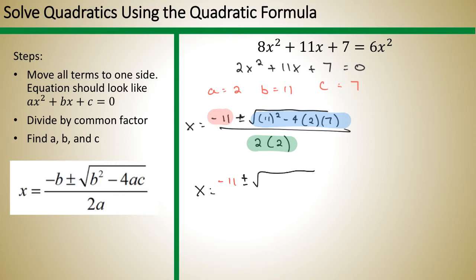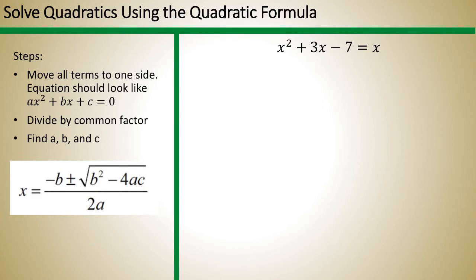So I've got 65 on the inside of the radical, and then we actually have a 4 on the bottom. Then we would try to simplify root 65, but root 65 actually cannot be simplified. So this is actually completely finished. I cannot simplify this any further, so that would be my answer here.